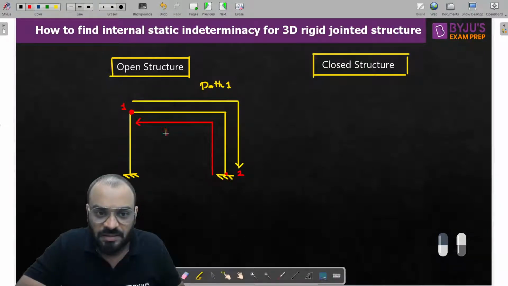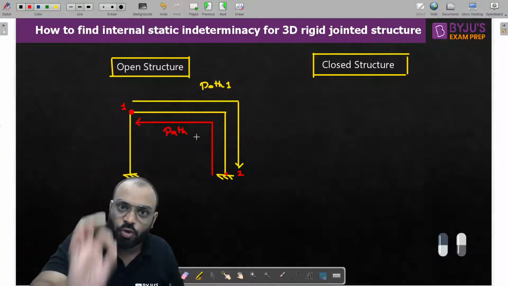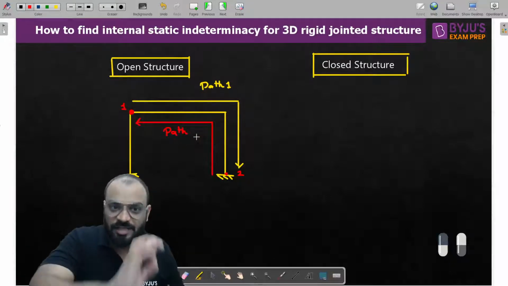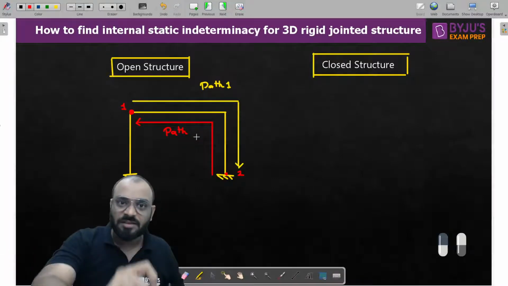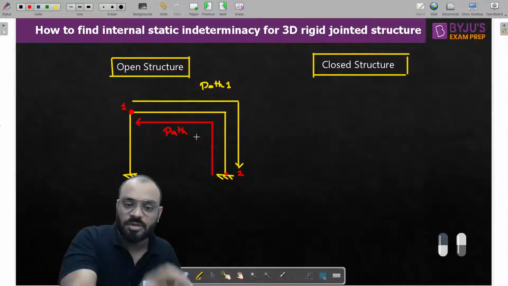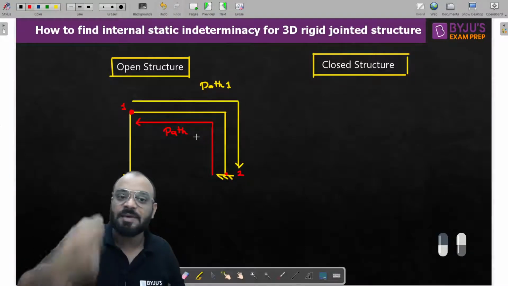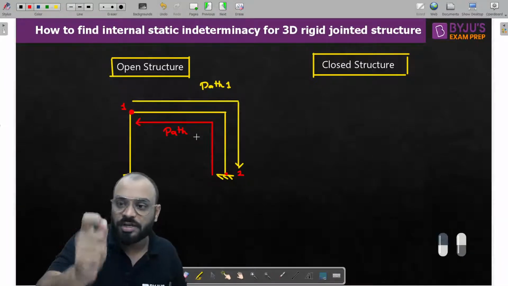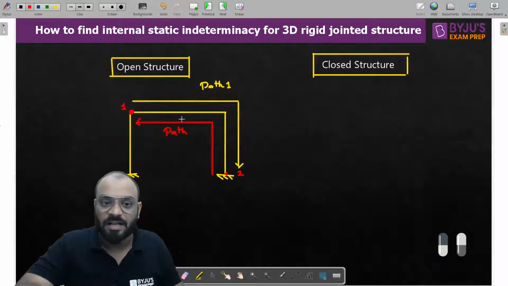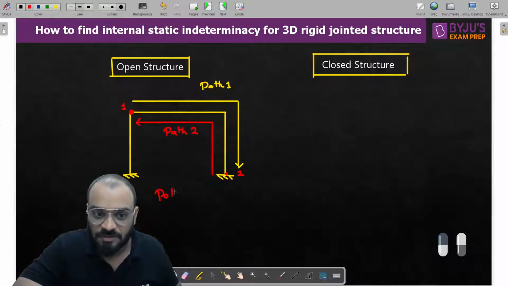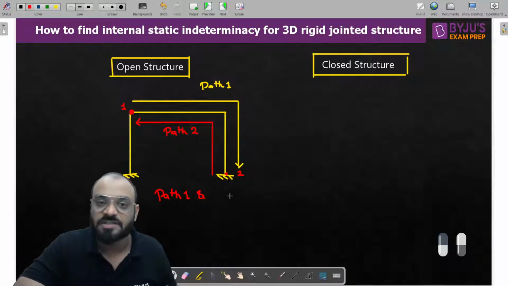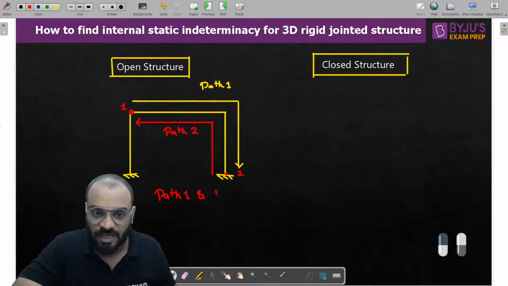That means in this particular structure, if you take any 2 points at any place on the structure, the path from point number 1 to point number 2 is the same as the path from point number 2 to point number 1. That means path number 1 and path number 2 are the same, right? If such a condition is valid in any structure, then that particular structure is an open structure.